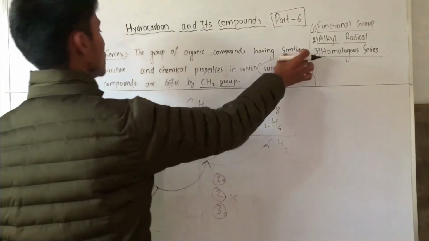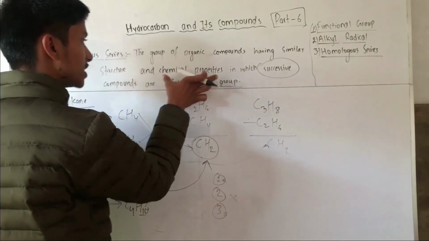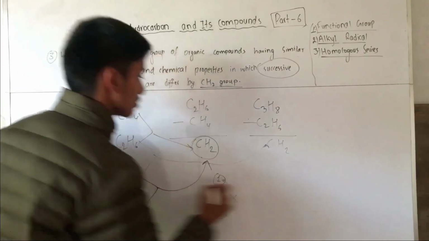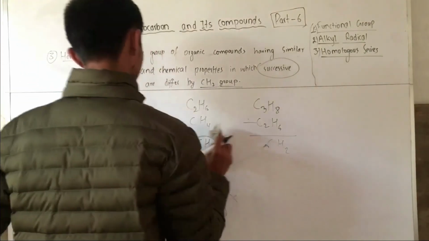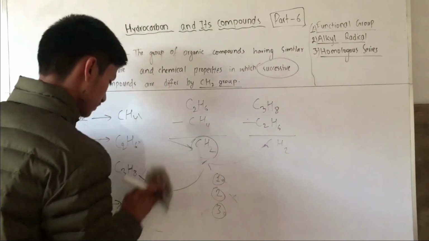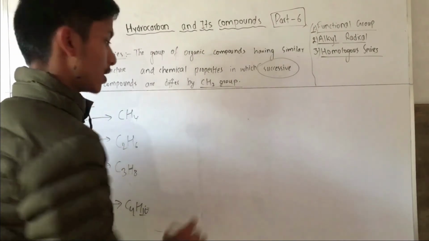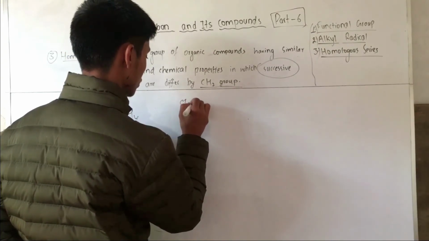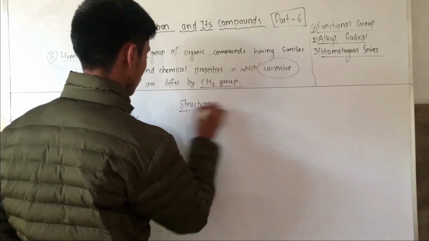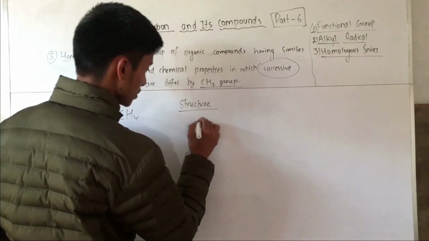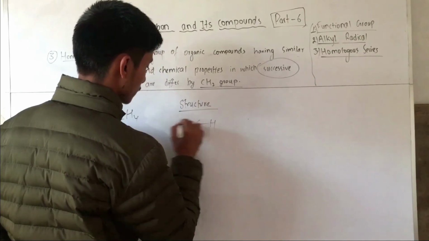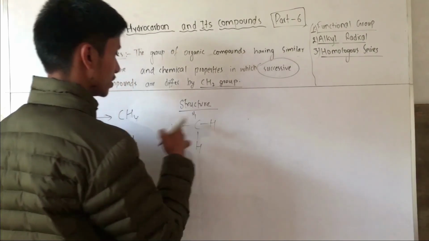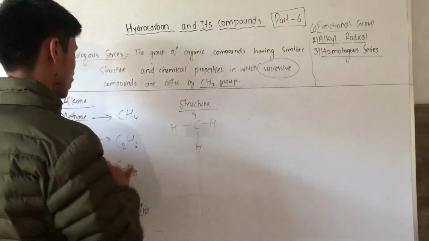Here, see, similar structure and chemical properties. Similar structure means, let me rub it. For methane, its structure is C with H and H, so CH4.